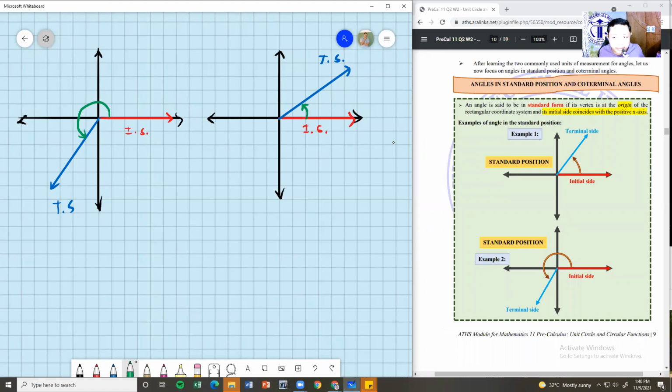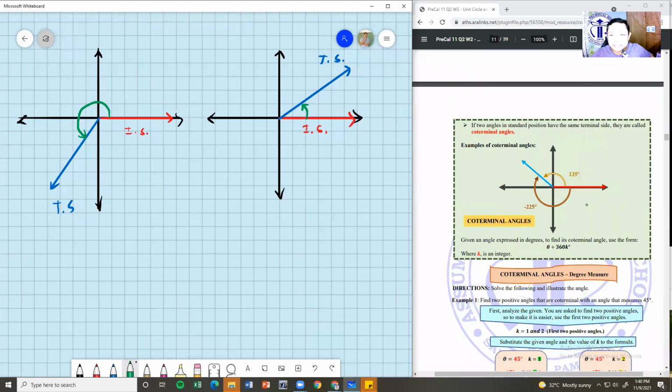So always remember, in trigonometry, we always follow a certain direction with regards to our angles. Okay? And these two angles are both in standard position. Okay? Got it?